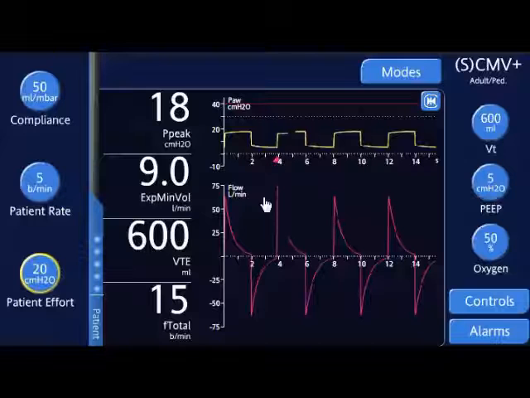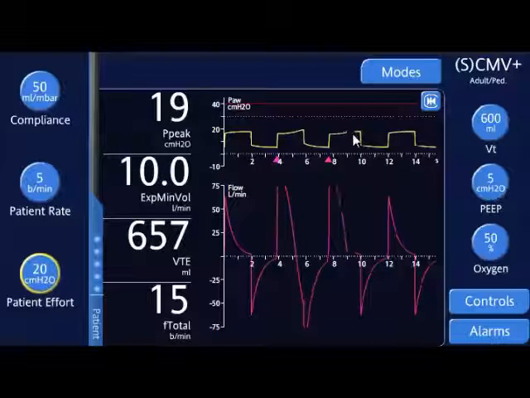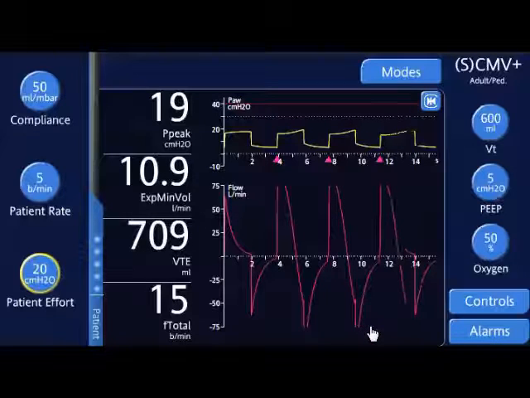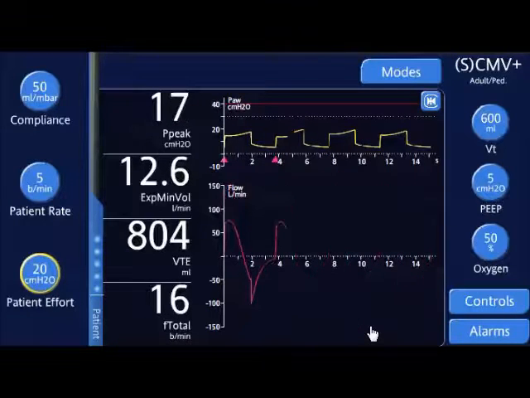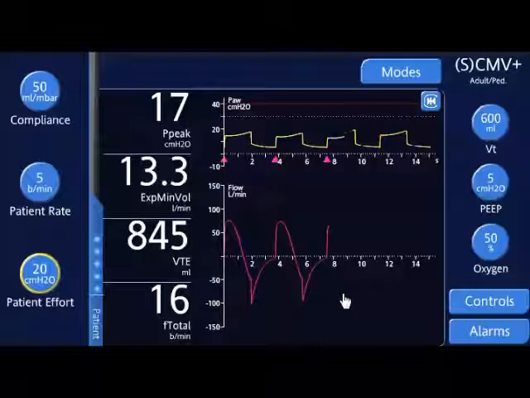And this might take a little while. Oh, there we go. We see the flow going off the chart here with my vigorous breaths. My tidal volume has gone up, just similar to pressure control ventilation.